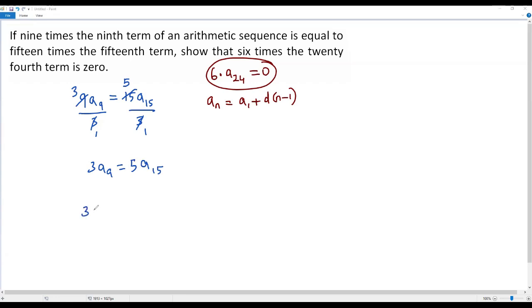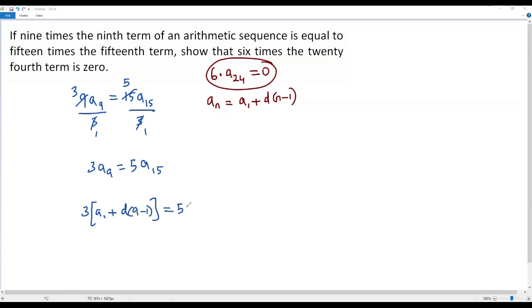Now we can write an expression for a9 using this formula. When we have an equal to a1 plus d times n minus 1, comparing an and a9, we get 9 in the place of n. So we plug in 9 for n, and I'm getting a1 plus d times 9 minus 1.